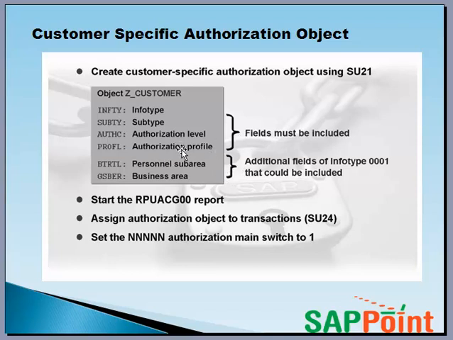So SAP provides you a mechanism to build additional security beyond what it provides using the P_origin or P_orgxx objects. If you want to have security in addition to these two standard objects, you can do so by creating a custom authorization object by including the fields on which you want to build the security.